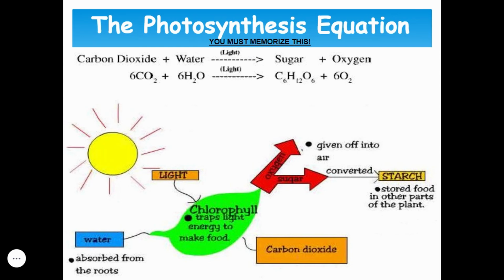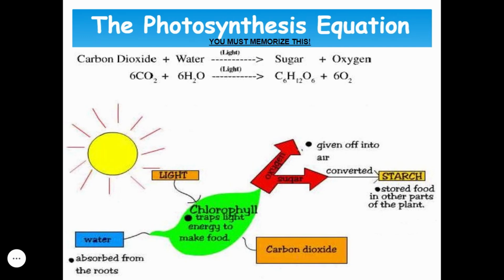So, 6CO2, or 6 carbon dioxide molecules, plus 6H2O, or 6 water molecules, in the presence of light yields C6H12O6, that is glucose. Okay, so C6H12O6 is glucose.